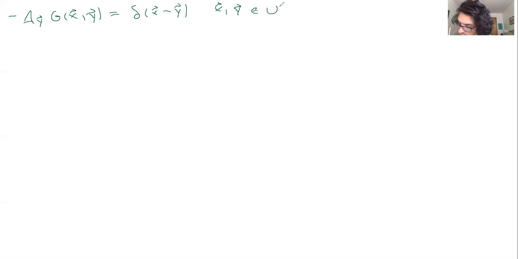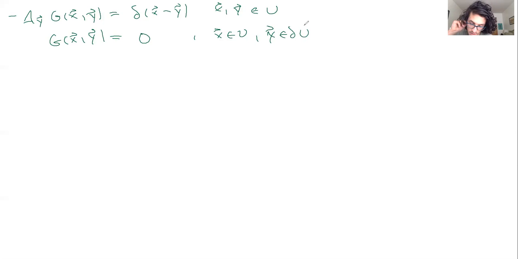So just to show that this works, minus the Laplacian with y, it should work for x as well, is equal to the delta distribution, delta in the sense of distributions, where x and y are in U. And then g of x, y, as we've set it up, should vanish at the boundary, where x is in U and y is on the boundary.